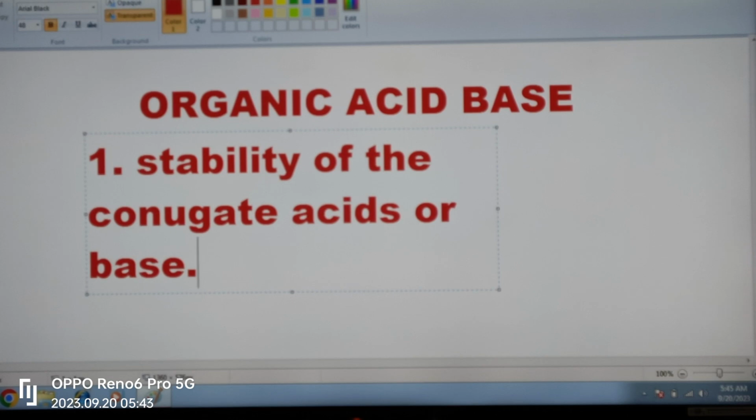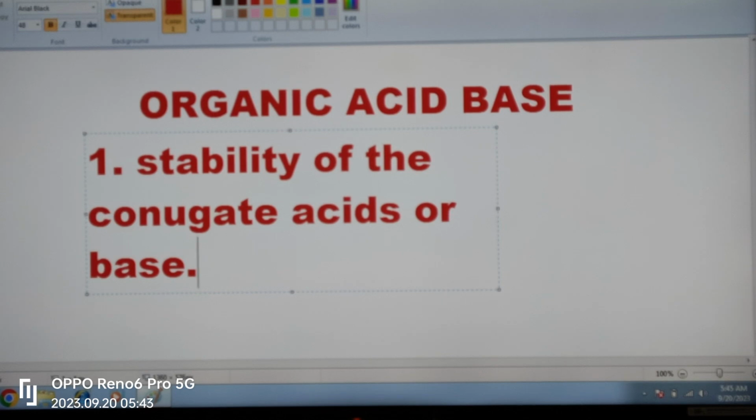You have to know about the relative stability of the conjugate acids or conjugate bases to explain the proper behavior of the relative acidity of acids and bases. So this is the main key point for explaining organic acid base, relative acidity, basicity, and so on.